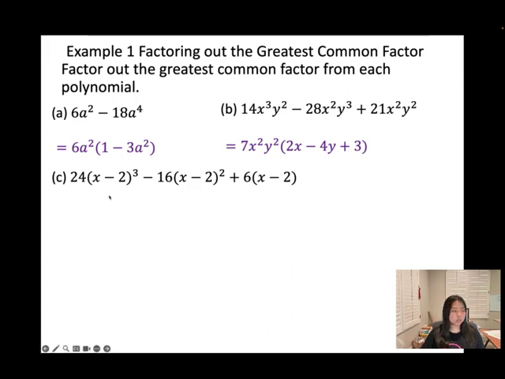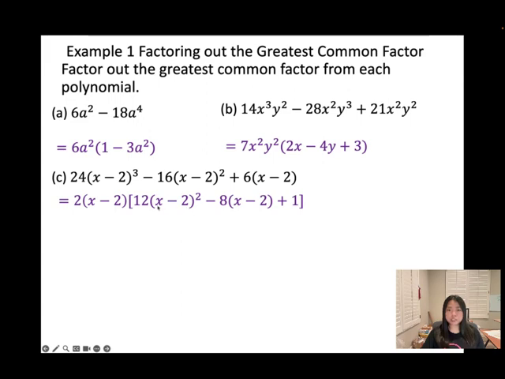Okay, last one. You do have x minus 2, x minus 2, and x minus 2 here. Okay, so you could factor out the x minus 2. Okay, inside here, you want to distribute it one by one. Remember we do have the formula for x minus y squared.